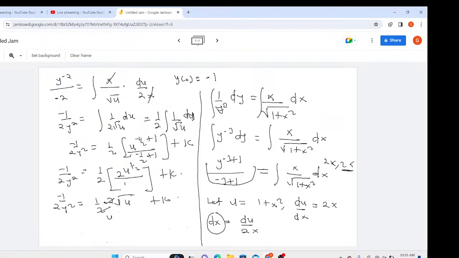Now we said that our u is actually 1 plus x squared. So we now put our u back. Right? So negative 1 over 2y squared equals root of 1 plus x squared plus k.